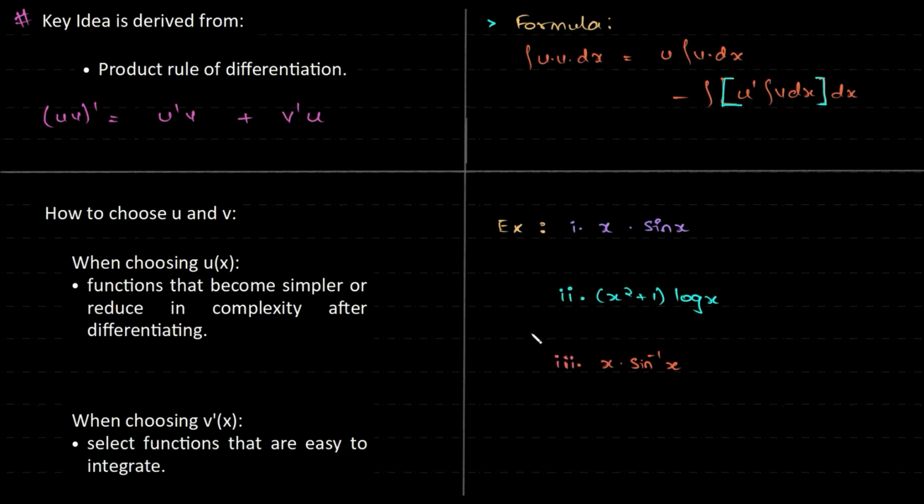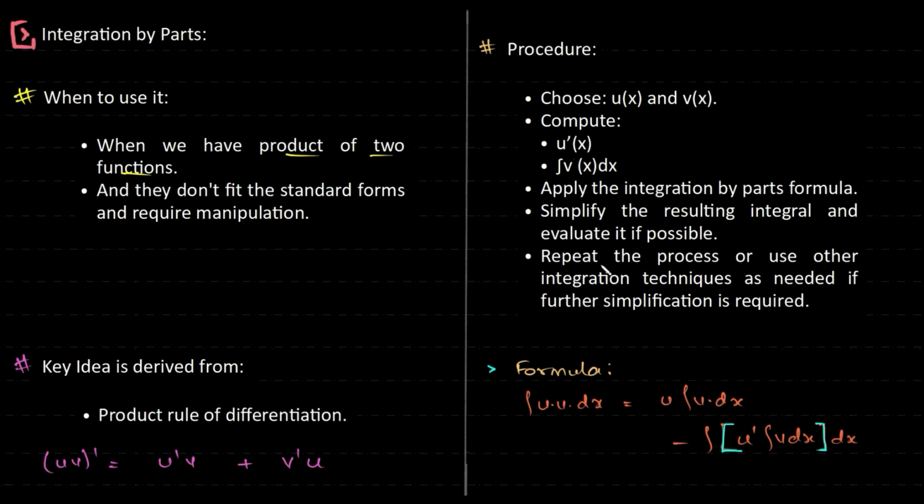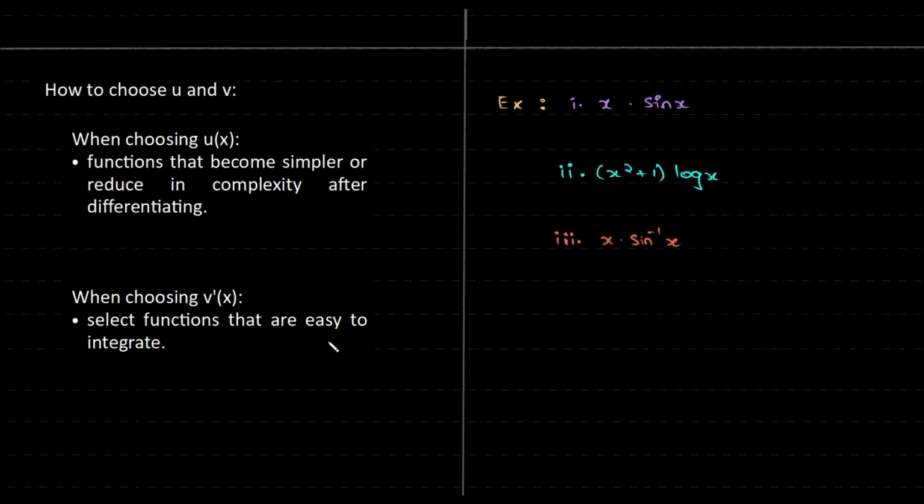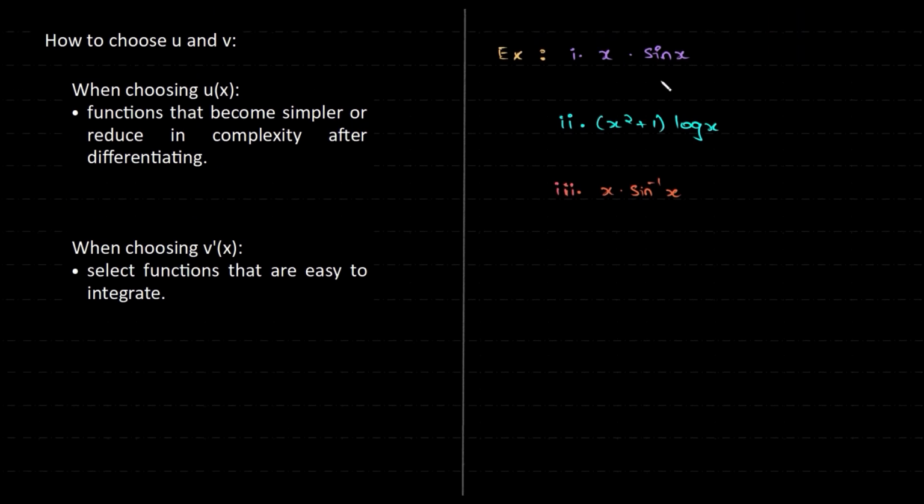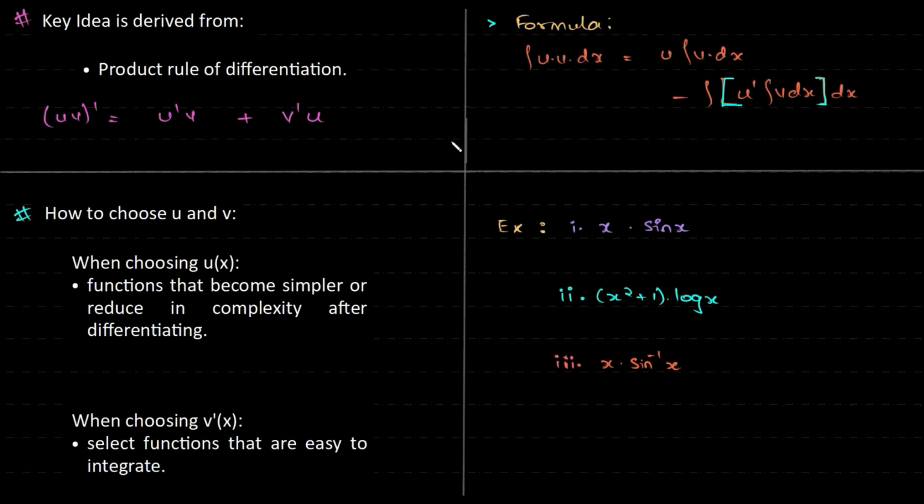Now, the very first step, I would like to go back to this, is to choose u and v, right? For example, here I have 3 questions wherein I have two functions multiplying each other. So I have to classify one of them as u, another one as v. Which to classify as u and which as v? See, we can see in the formula that v is the one which is getting integrated 2 times, while u is the one which is getting differentiated.